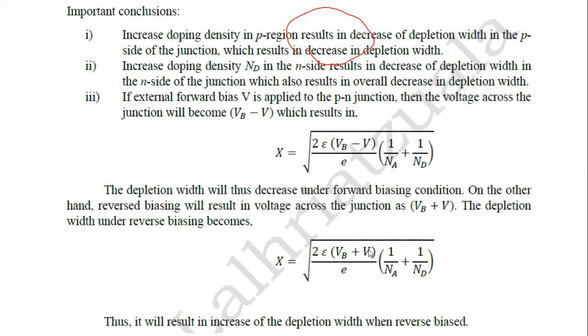So the depletion width across the PN junction is not a constant. It is a quantity which you can control by controlling the doping concentration and by connecting a biasing voltage, whether forward biasing or reverse biasing. Depending on that, the depletion width will vary.